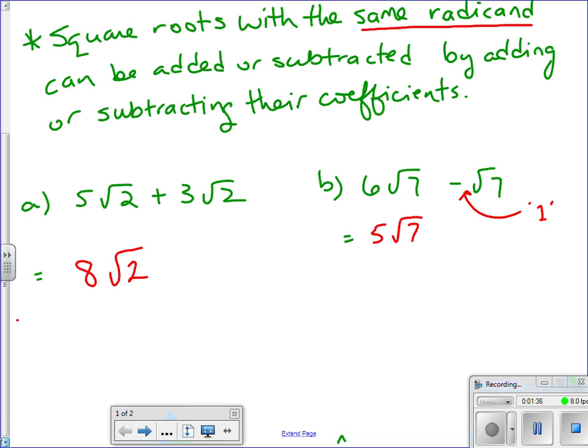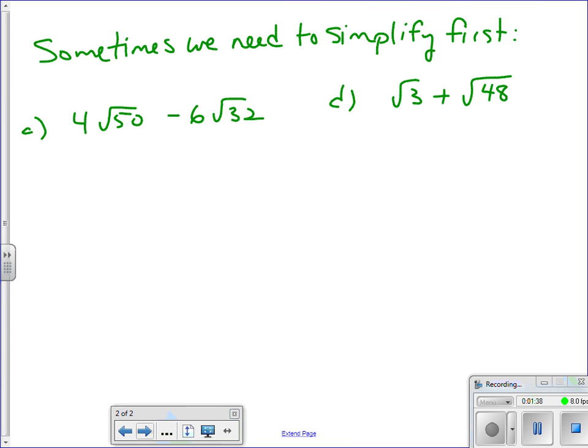Very straightforward. However, sometimes we need to simplify before we can actually do the adding or subtracting. So if we look at example C here, I've got 4 root 50 minus 6 root 32. These numbers look suspiciously large, and maybe there are perfect square factors, and in fact there are.